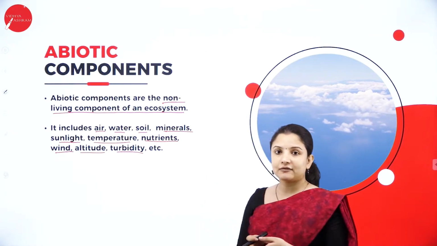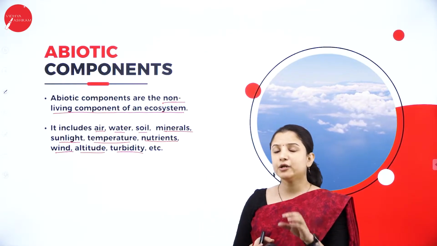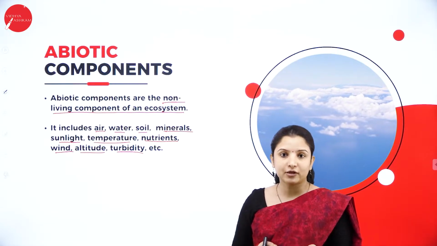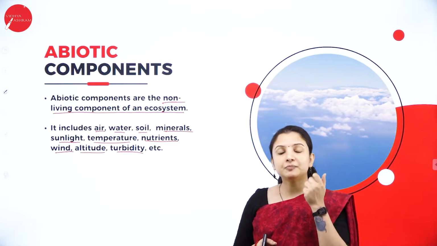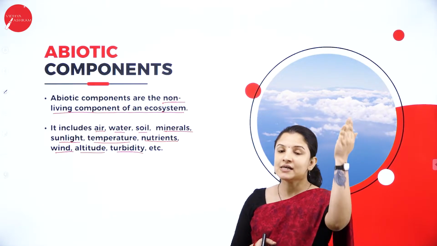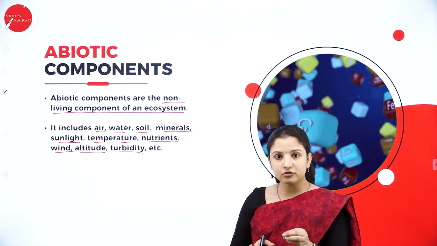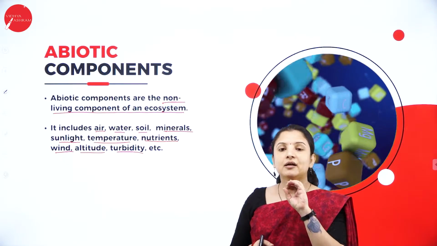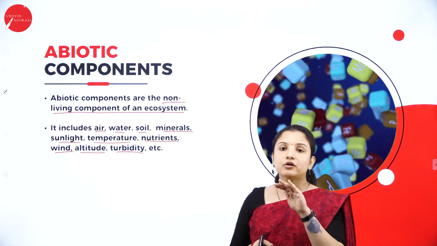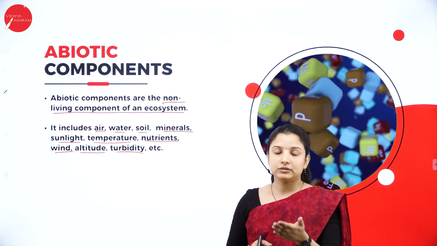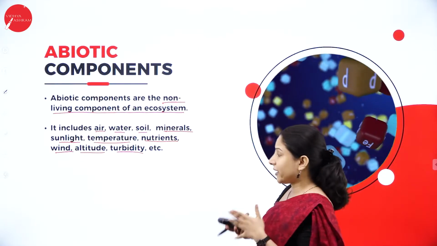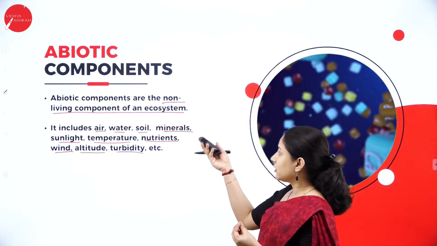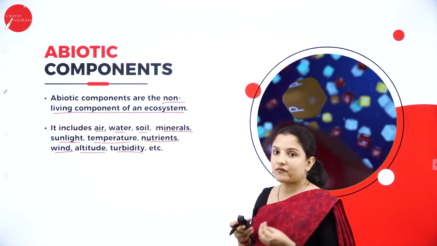Water also is needed for photosynthesis, because plants make use of the sun's energy to convert carbon dioxide and water into food, that is glucose. So that is why we need air, water as well as sunlight. All three are very, very important.